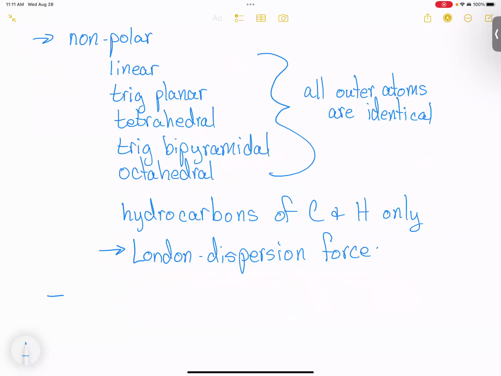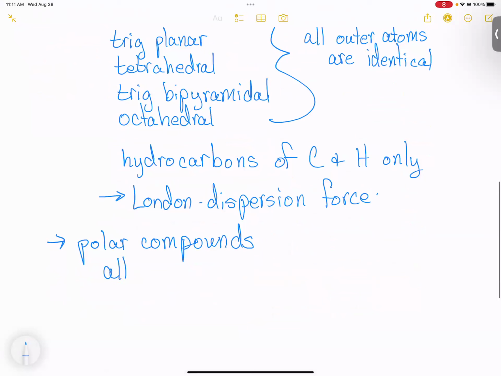Now, the other option is we can talk about polar compounds, which are going to be all other molecules. So if there is a lone pair on the central atom, that automatically is going to make it polar, because what's attached to the central atom is not all going to be identical.